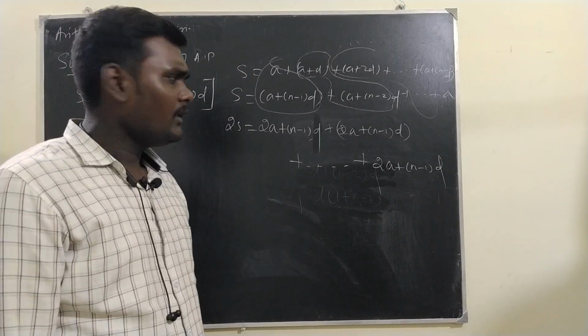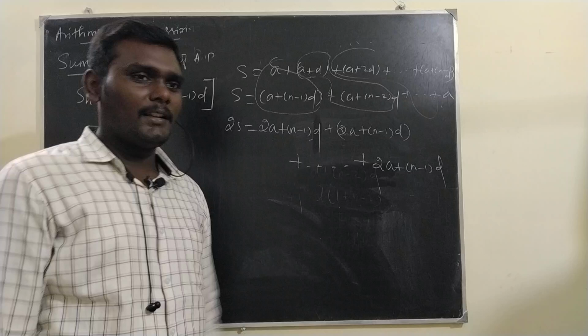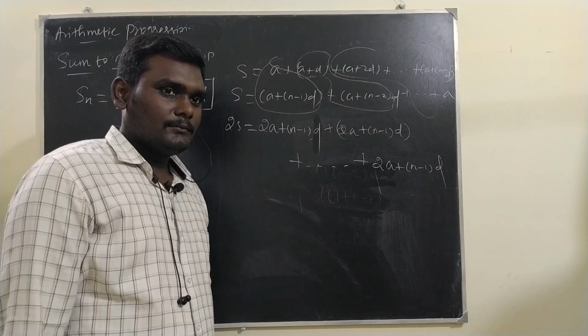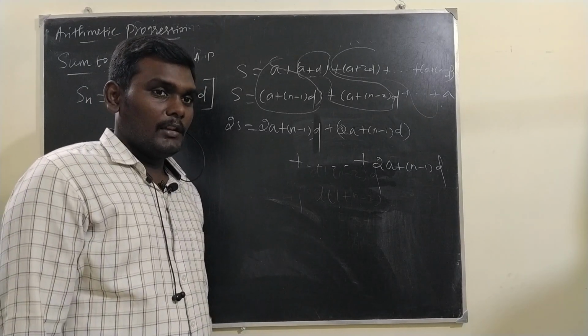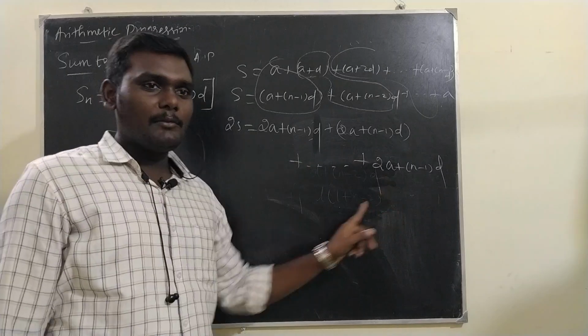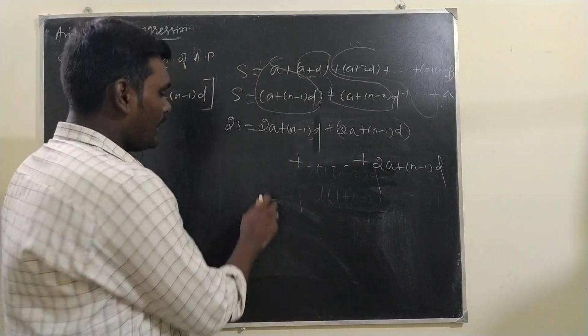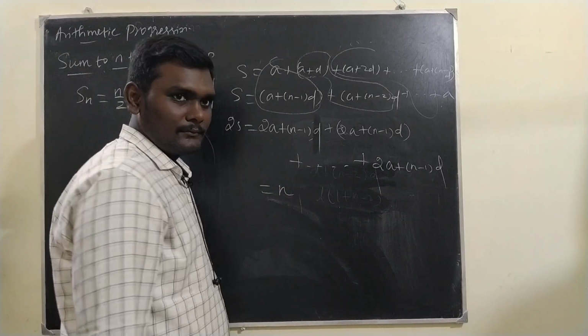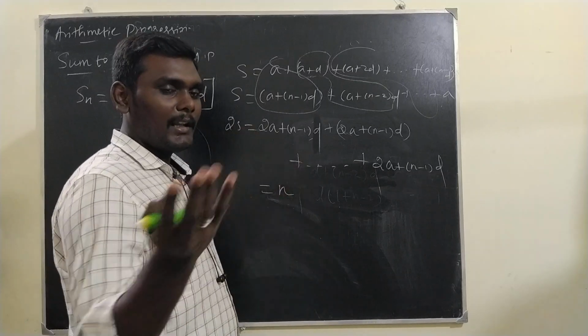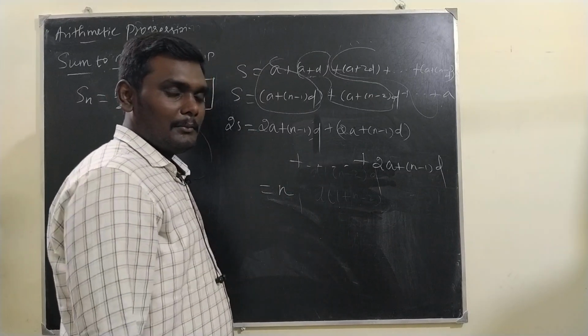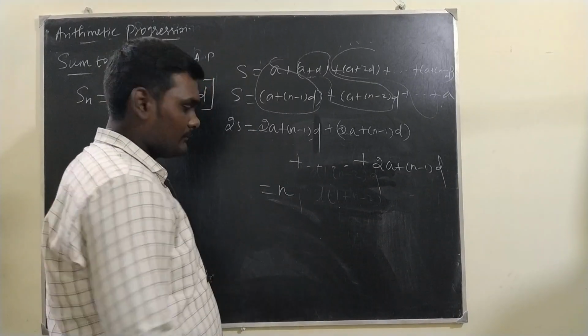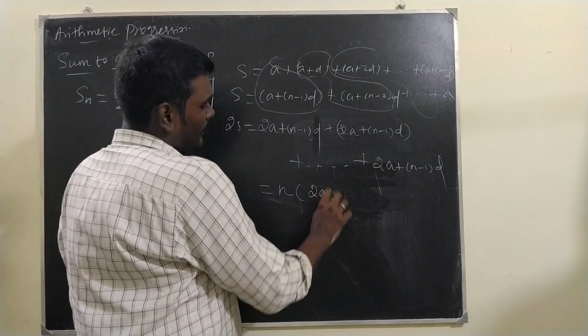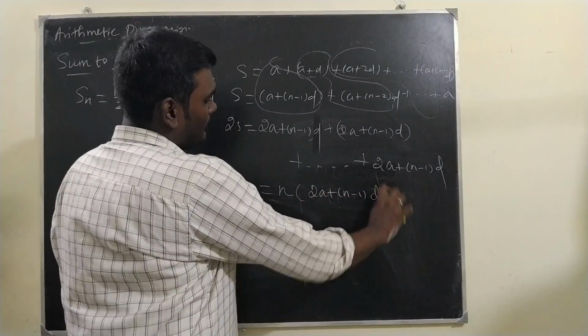Now, how many such numbers are there? n times. So, adding one number n times is equivalent to multiplying the number by n. Adding 5 three times is equal to multiplying 5 with 3, is it? So, n times (2a plus (n minus 1) into d).